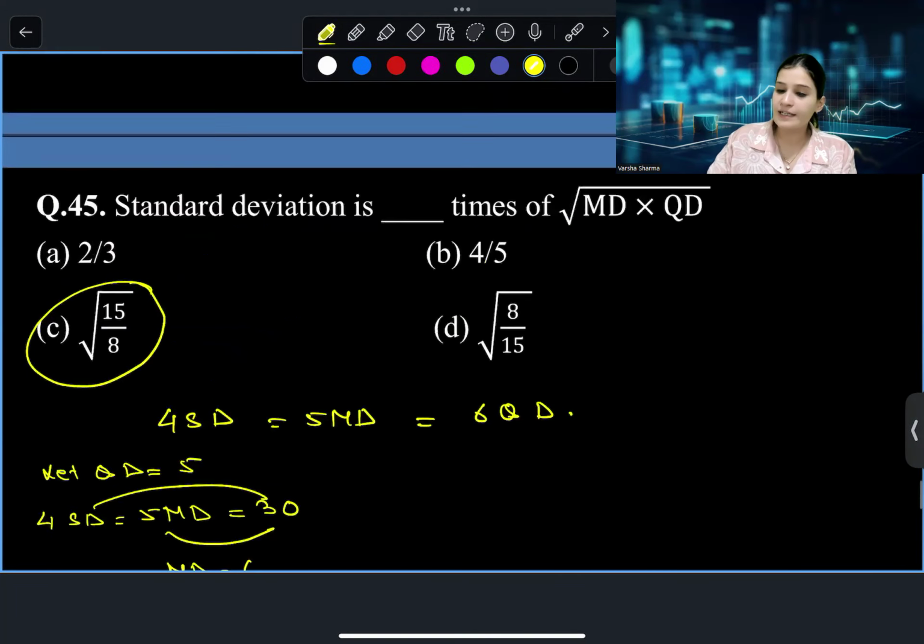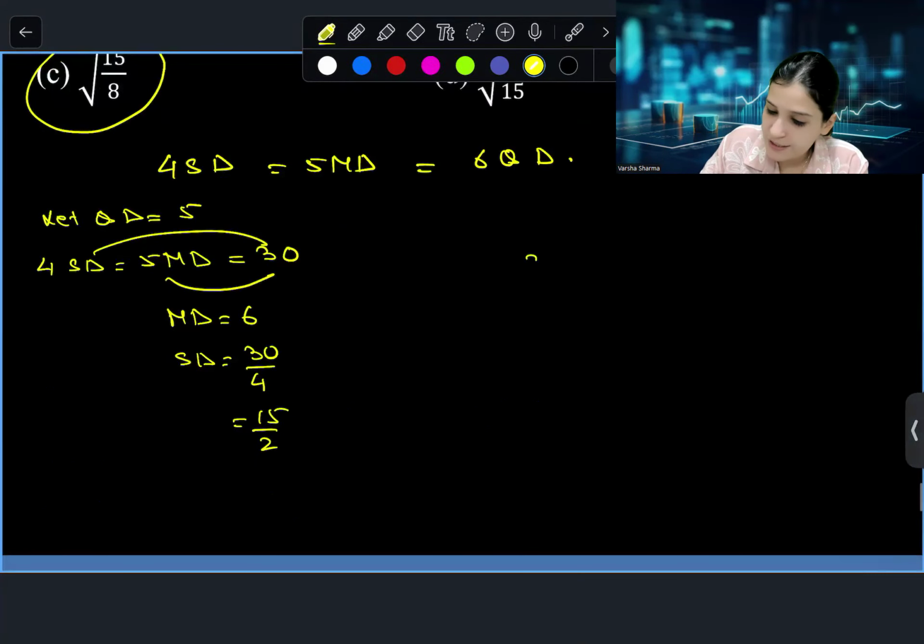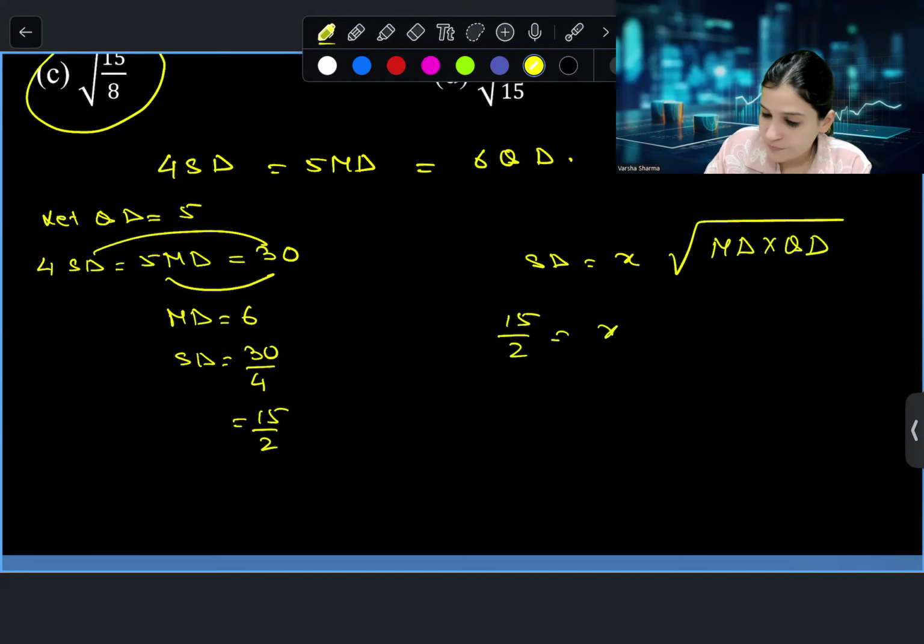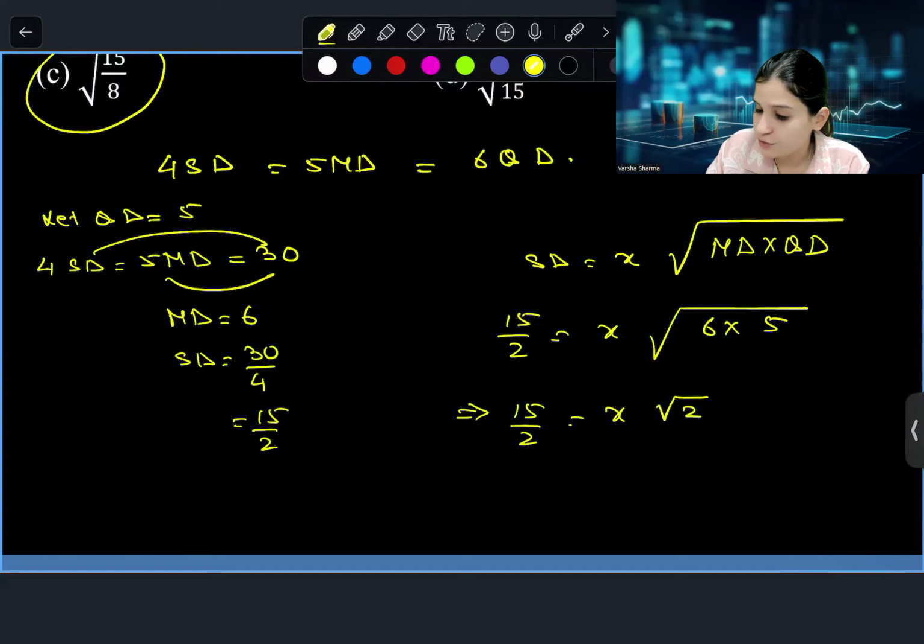You want to find out standard deviation is x times that, right? So standard deviation equals x times this, 15 by 2. Mean deviation 6, quartile deviation is 5. 15 by 2 equals x root 30. Root 30 is root 2 into root 15.